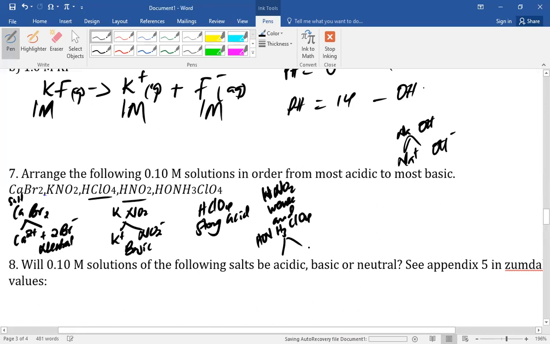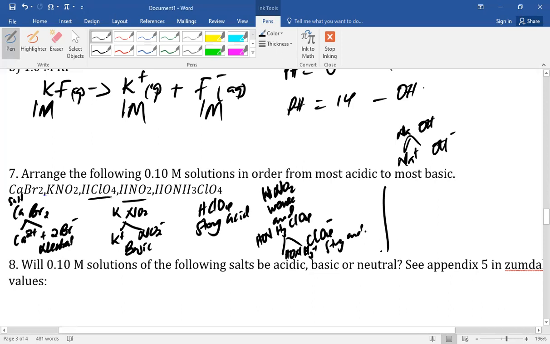It will dissociate into ClO4 negative, just like in the previous one, and everything else together as a positive. So this is an acid, and when we look at the oxygen that is there, there's more oxygen. So this is also a strong acid.